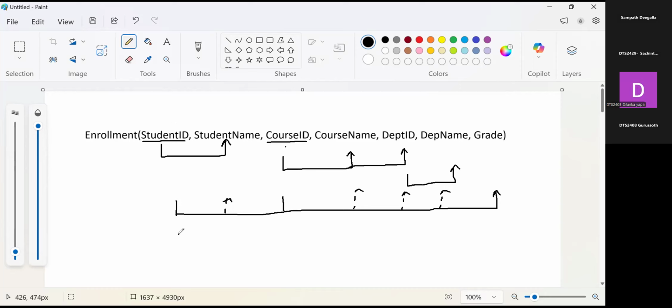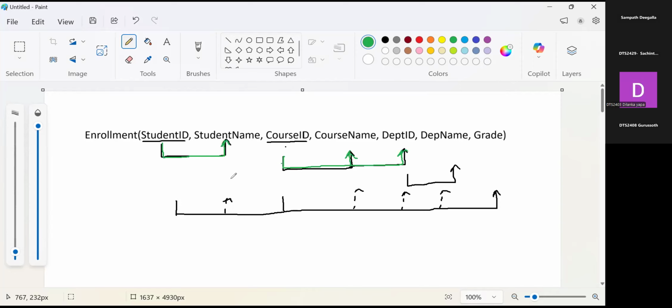This is also one part. So because of these ones, this one, and this one, this relation is not in second normal form.